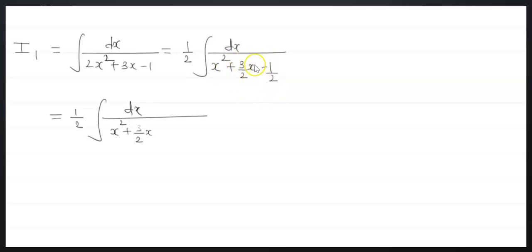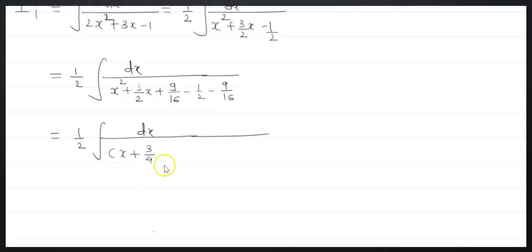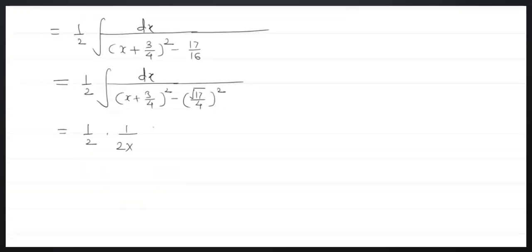Then what will be the second term? Second term is 3 by 4. Add 9 by 16 and subtract 9 by 16. Now this is the perfect square. Now 17 upon 16, root of 17 upon 4 bracket square.